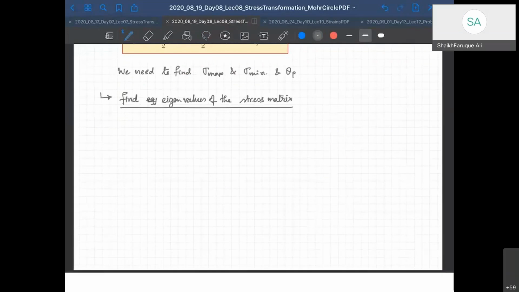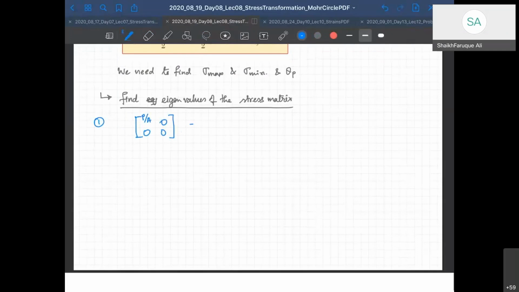Okay, you have to find eigenvalues of the stress matrix. And let's look at the examples that we have. First example, the matrix was sigma 1, 0, 0, 0, right? Remember, P by A, sorry, not sigma 1, P by A.